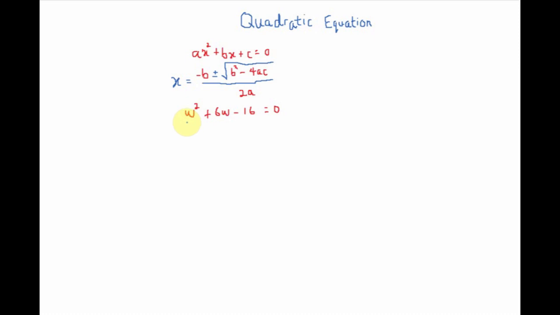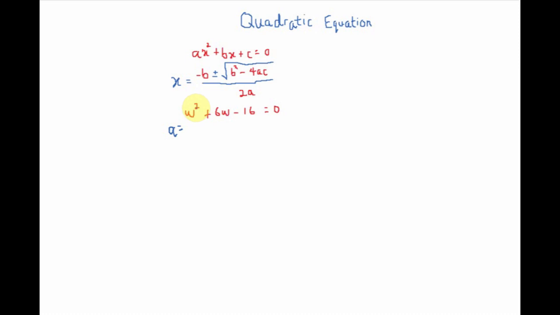So let's solve. Here we have w squared plus 6w minus 16 is equal to 0. First, we need to find the parameters. What is a, what is b, and what is c? A is the coefficient of the independent variable that is squared.